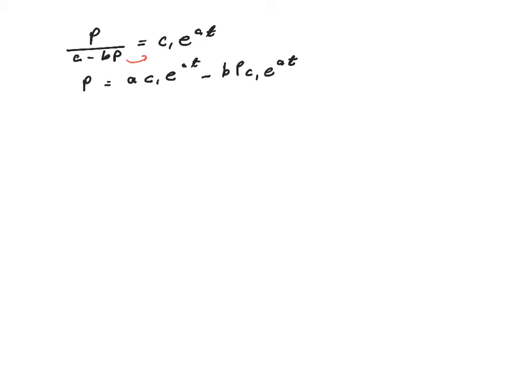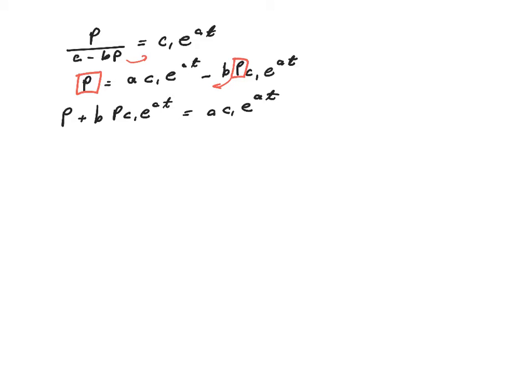Now remember, the goal of this is to solve for P. So I'm looking for this particular P here. So I'm going to bring this little guy back to the other side. So that's going to turn into P plus B P C1 e to the AT is going to be equal to A C1 e to the AT.